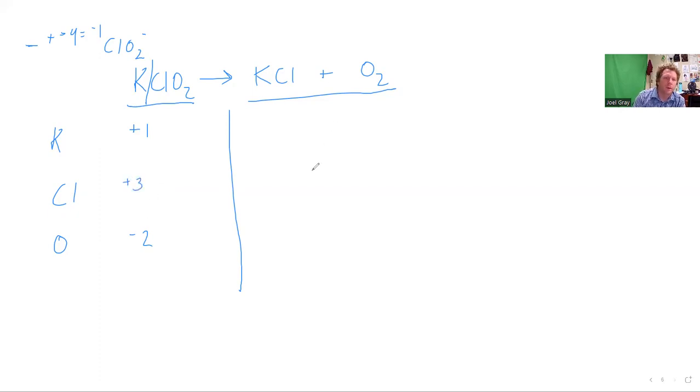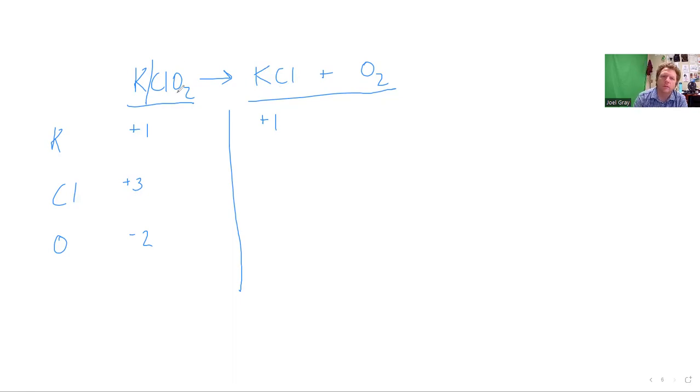Okay, now the next part says, what are our oxidation numbers for the product side? What is potassium? What is chlorine? What is oxygen? Potassium is still found in group 1 of the periodic table, so it's going to be +1.